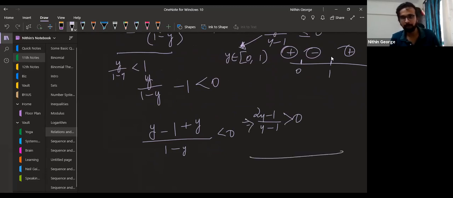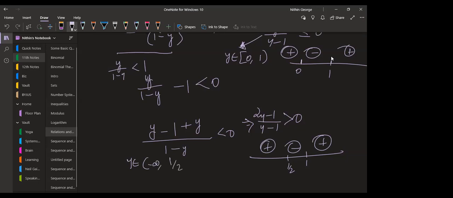Now I mark the points 1 by 2 and 1. When I put a huge positive value, I'll get positive. Then this will be negative and this will be positive. They are asking when is it positive? When y is between minus infinity to 1 by 2.